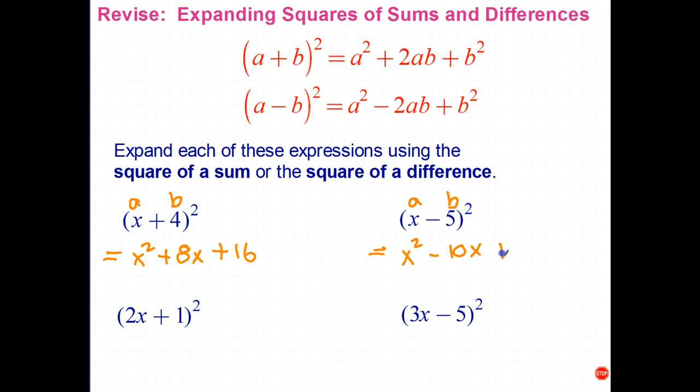And then finally plus, not minus, plus 5 squared, which is 25. So there's the expanded form of that in one step. Okay, stop the video and you do the next two, please.